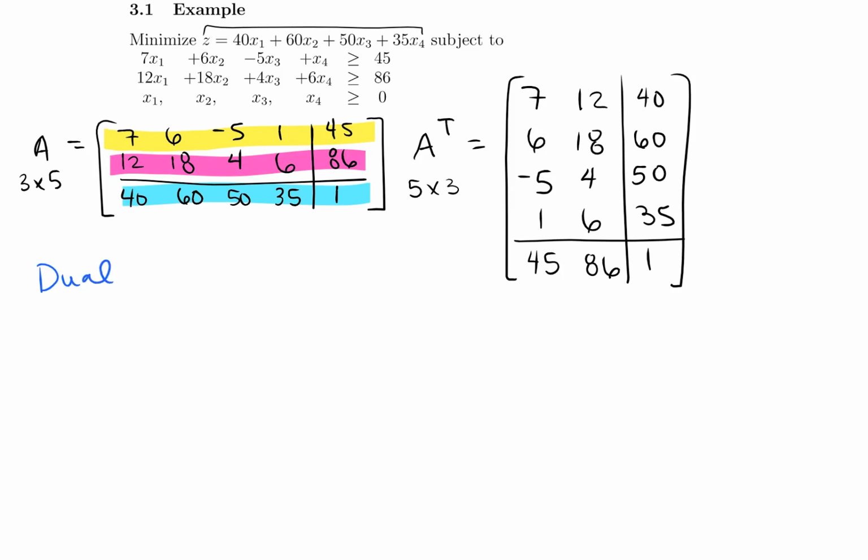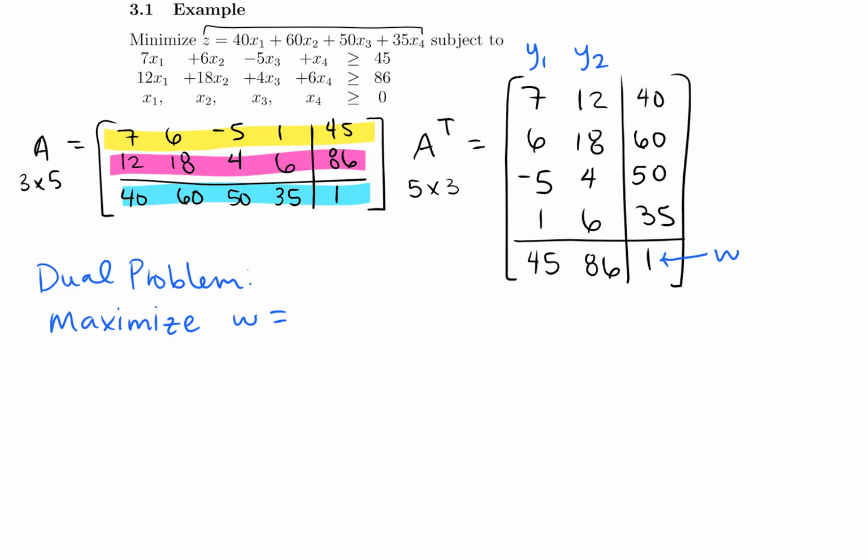So the dual problem says the following. We want to maximize, and now we're not going to use z, we have to use a different letter. So let's maximize w equal to, and our variables can't be x's, so let's let them be y values. So this will be y1, y2, and our objective is going to be w.